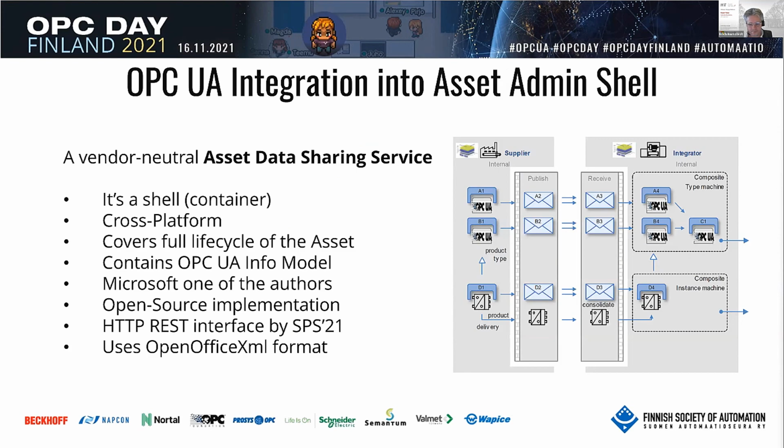So in general, the asset administration shell was designed to be a shell, a container for administering an asset, for managing an asset, and it could include anything, right? It could include an OPC UA information model, like a node-set file. I have some open source software on my GitHub account to show how to do that, right?